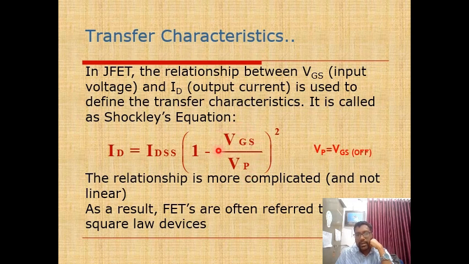VGS stands for gate to source voltage, and VP is the gate to source voltage at off condition. So VP is basically the pinch off voltage when the device turns off, and this is also called Shockley's equation. Generally, these types of FET devices, JFET, MOSFET, all follow this characteristics equation.